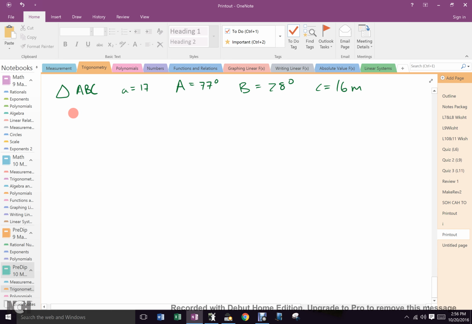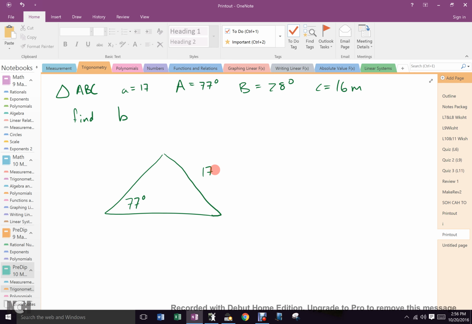And I got to find little b. So I draw it. That's 77, because that's the one I know, right? Which means little a is across from it, and that I know to be 17. I know that b is 28 and c is 16.